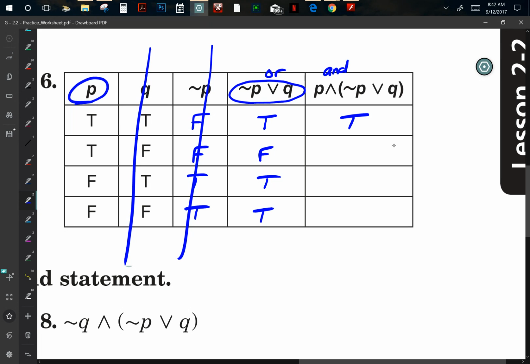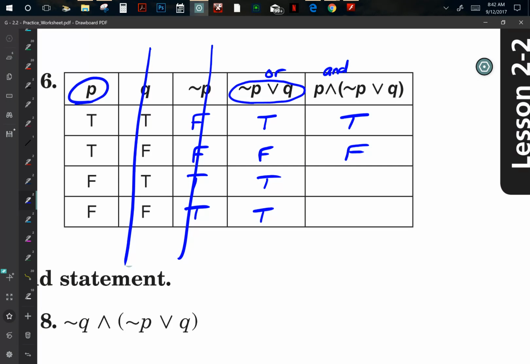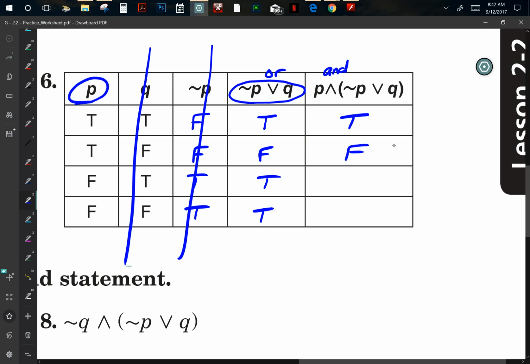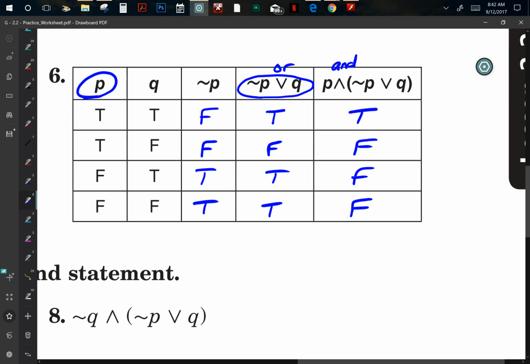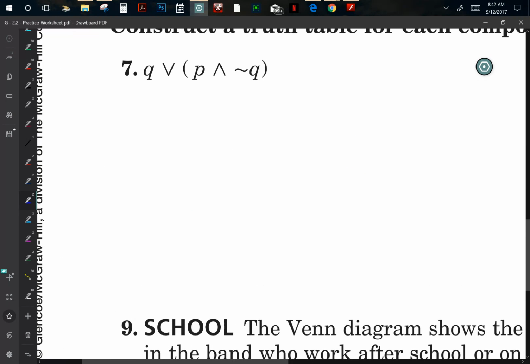True and false would be false, because in an and, they both have to be true for the whole thing to be true, right? False and true. False and true. You finished this truth table now. Kind of crazy, isn't it?